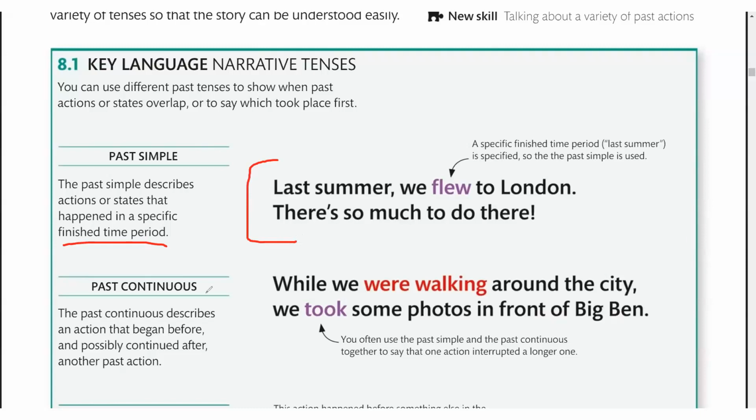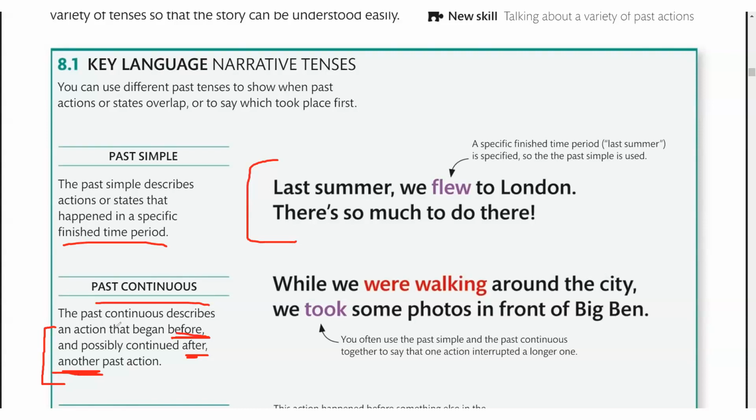Now let's look at the next example where we start to use the past continuous tense. So why do we use the past continuous tense? Because it describes an action that began before and possibly continued after another past action. So we have two actions in the past, and we need to indicate that one happened before the other.